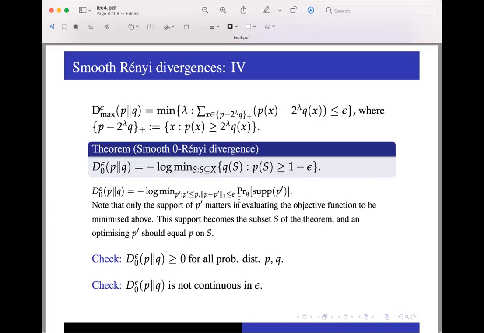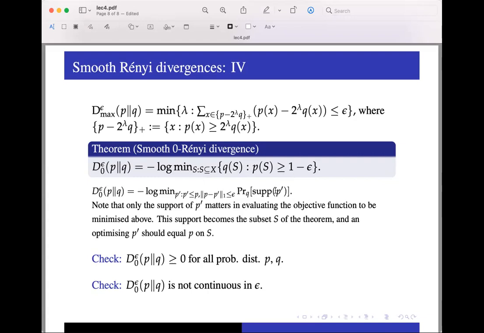Okay, so this is just everything opened out here. I'm looking at P prime dominated by P. P prime is close to P in epsilon. And for such P primes, hopefully the support is smaller, it is shrunk.